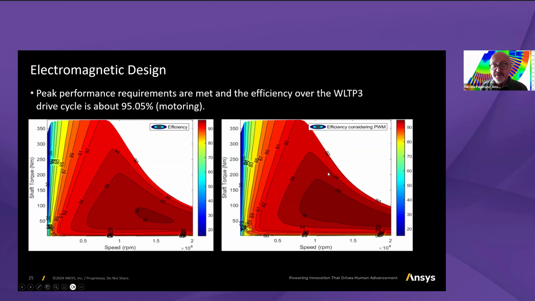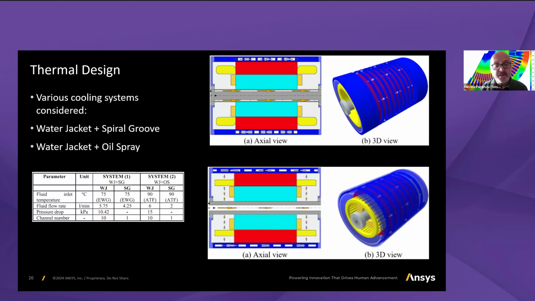But once we consider the PWM effect, you see it's a drop in maximum efficiency, about 1 point. Maximum we can achieve is 95% efficiency. Obviously, the peak torque is the same in both cases, 370 Newton meters. But the average efficiency has been changed because of the effect of the harmonics within the current waveform.